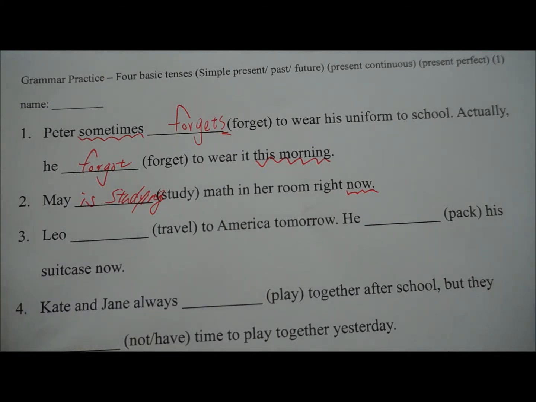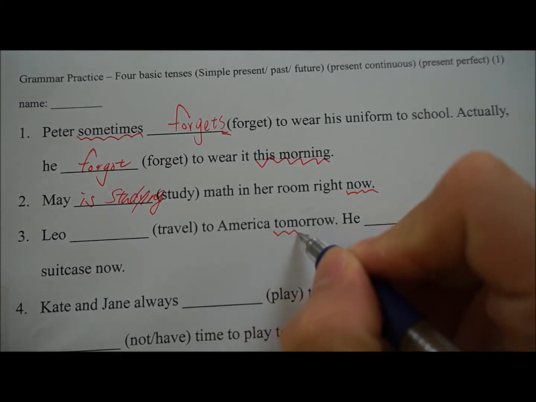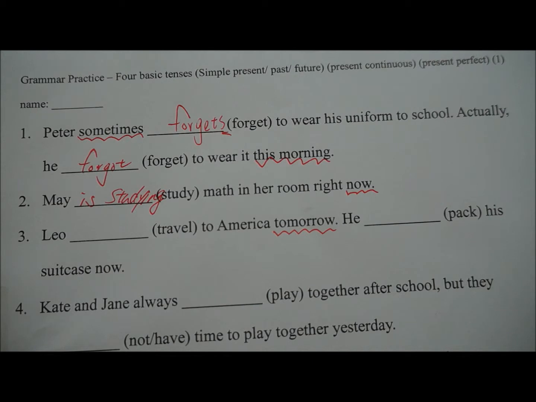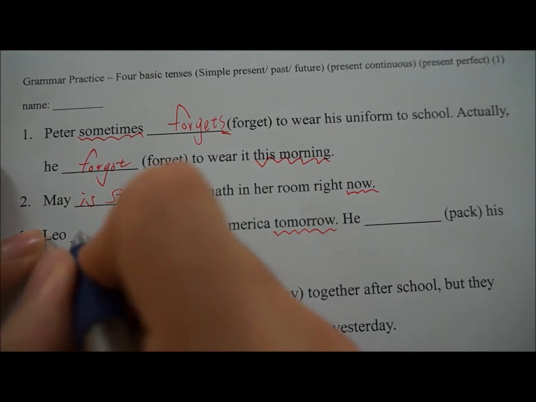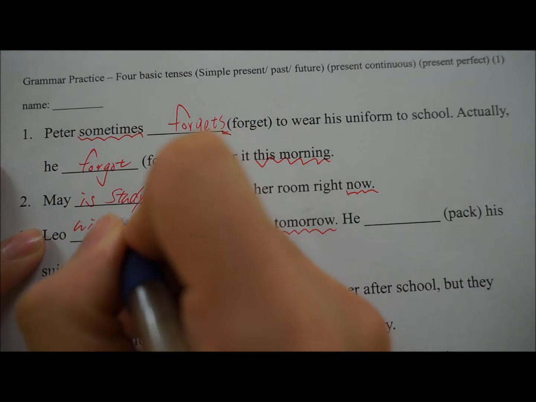Question number 3. Leo to America tomorrow. He his suitcase now. The first half of the sentence, the time marker is the word tomorrow. Something that will happen tomorrow should be written in the future tense. The future tense for this sentence should be Leo will travel.